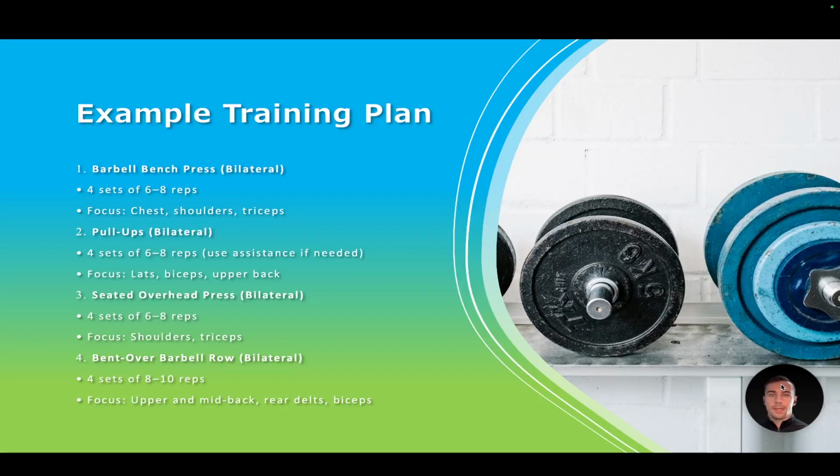The next points I want to go over are an example training plan of these training methods, and you're going to notice the difference between the two.